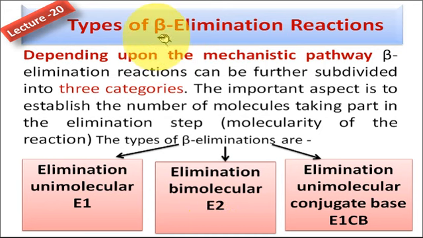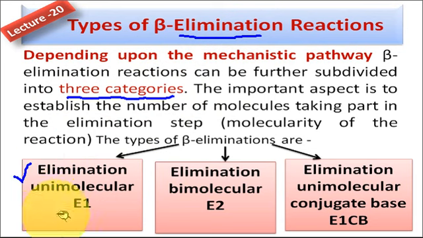So this kind of reaction is the beta elimination reaction. Depending upon the mechanism of the elimination, the beta elimination reactions are further divided into three categories. First, elimination unimolecular reaction, that is the E1 reaction. Second, elimination bimolecular reaction, that is the E2 reaction.